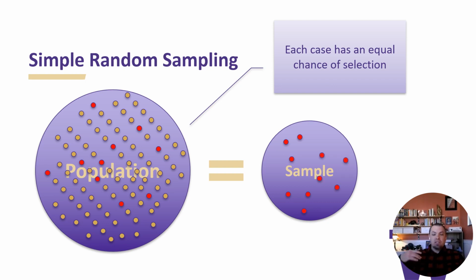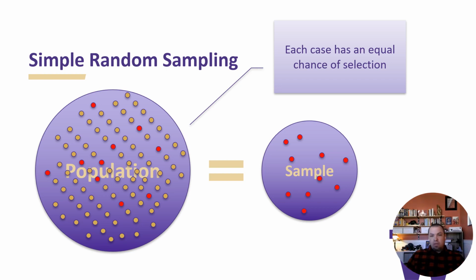And the way that happens is through some lottery, some random assignment, something like that. So however we can first identify all of those cases, and then create a sampling procedure that creates the equal probability of every individual having an equal chance of being selected as part of that sample.